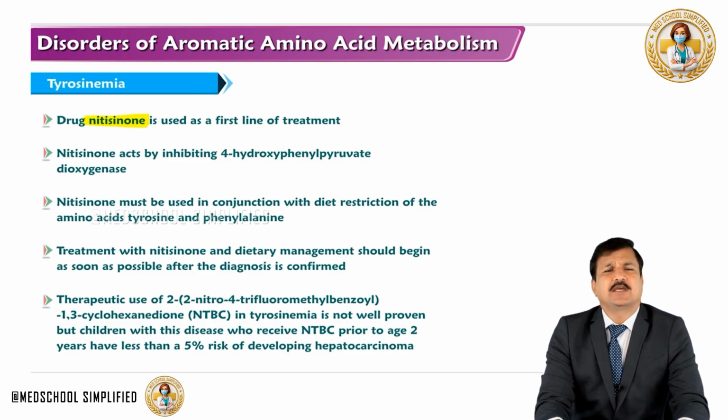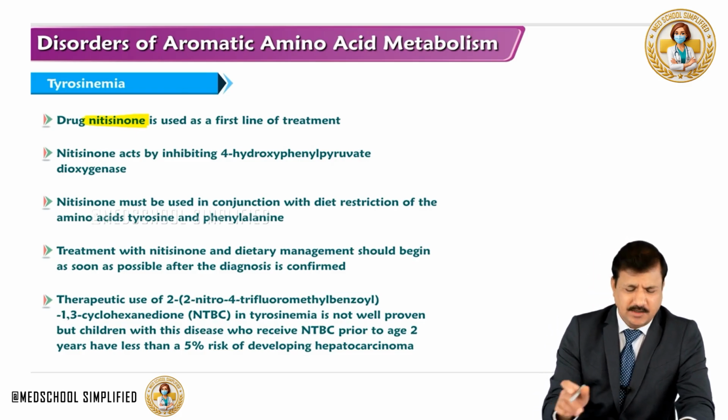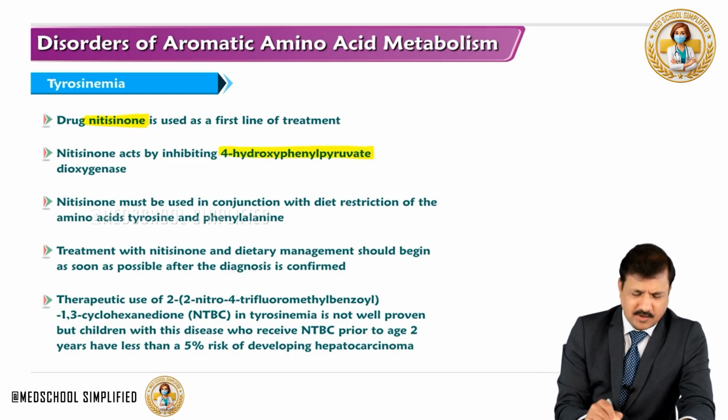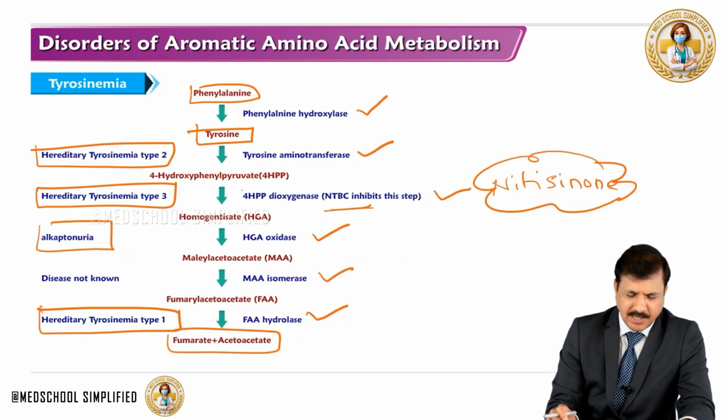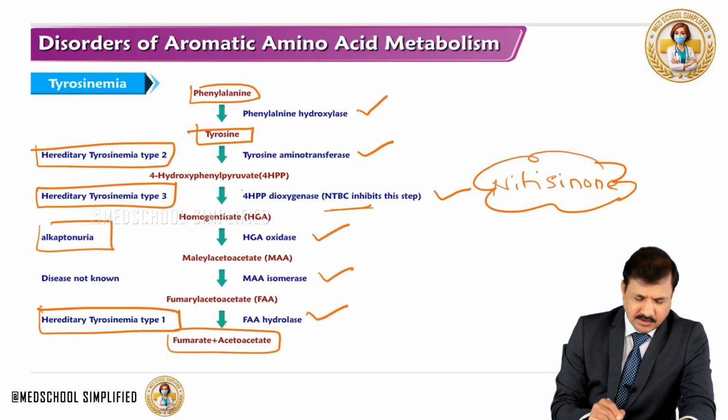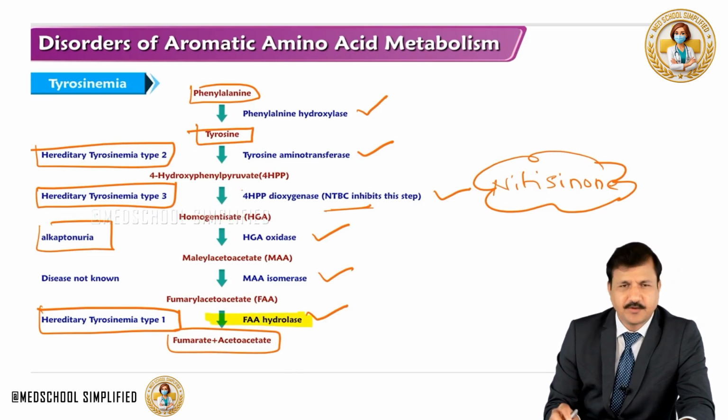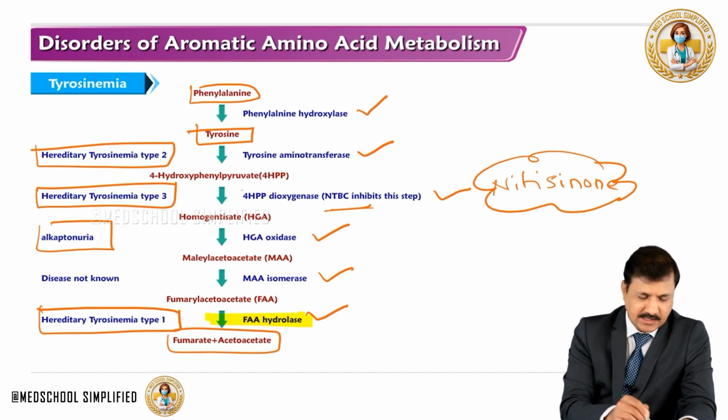The mechanism is that nitisinone inhibits an upstream enzyme called 4-hydroxyphenylpyruvate dioxygenase. Let me show you that. In this pathway, as you see, tyrosinemia type 1 is because of a defect or deficiency in the fumarylacetoacetate hydrolase enzyme.